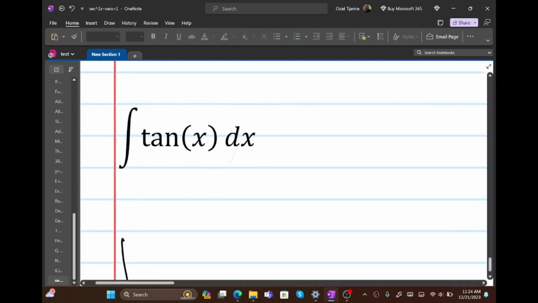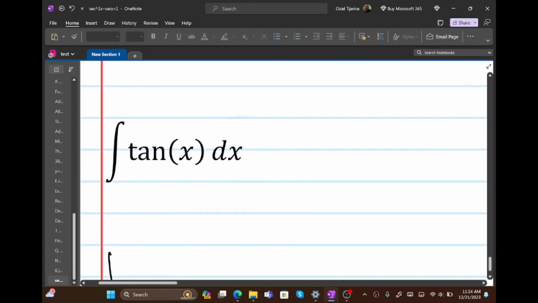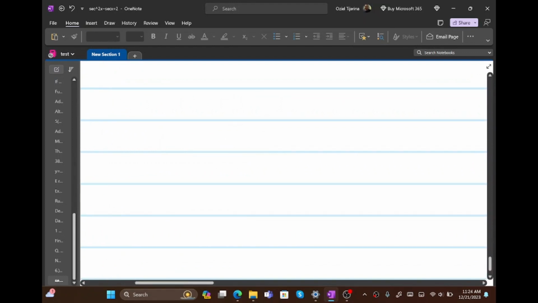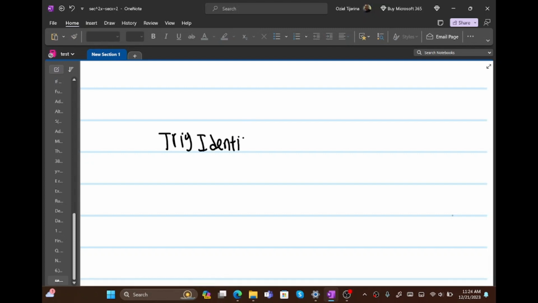So remember that for this kind of problem, from trigonometric identities, tangent of x is really equal to sine of x over cosine of x.